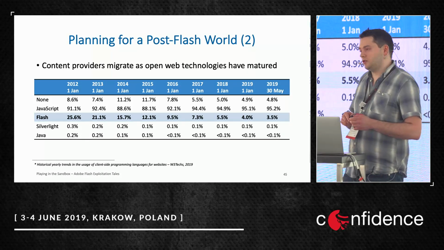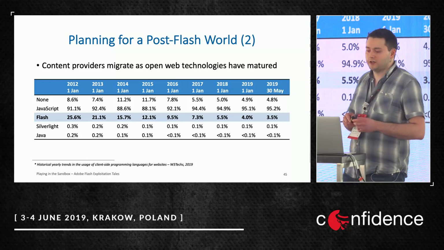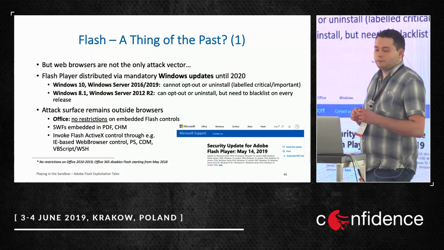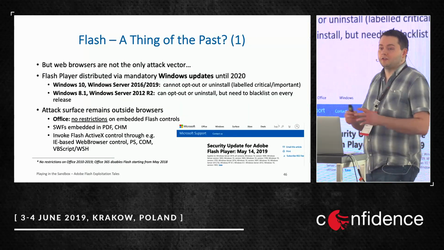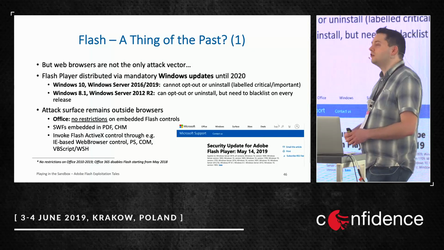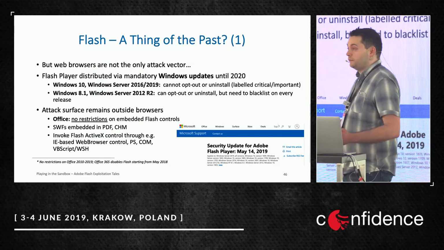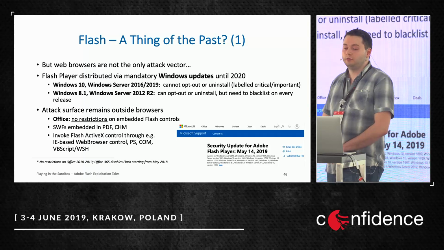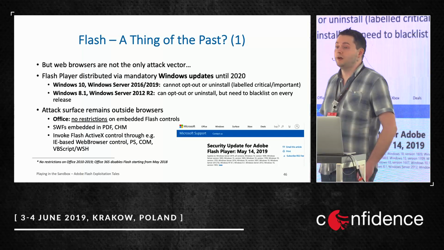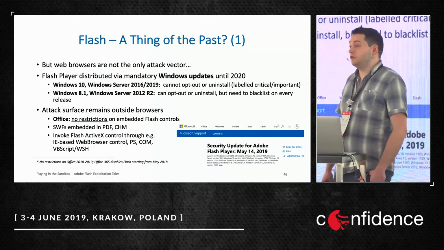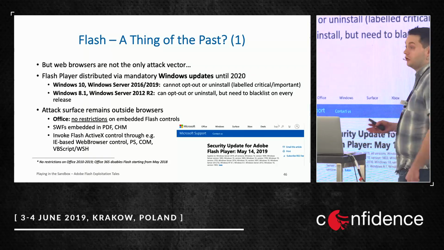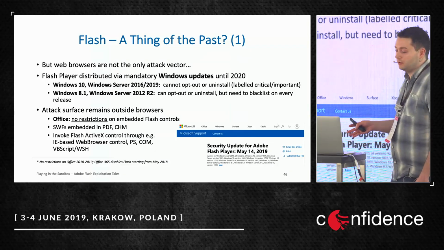Now, this obviously triggers the question: is Flash a thing of the past? Well, web browsers are not the only attack vector. In fact, Flash Player is distributed via mandatory Windows updates at least until 2020. There are no further announcements by Microsoft yet at this point.